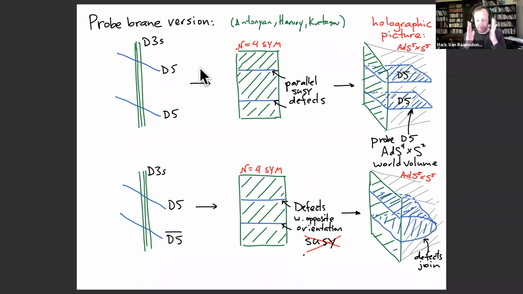If I have branes and then I have anti-branes, then they each preserve sort of half the supersymmetry, but it's the opposite half. So you kind of just look at specifically which supersymmetries are preserved, and if I do an orientation reversal, then the supersymmetries that are preserved are the opposite ones. All right, thanks.